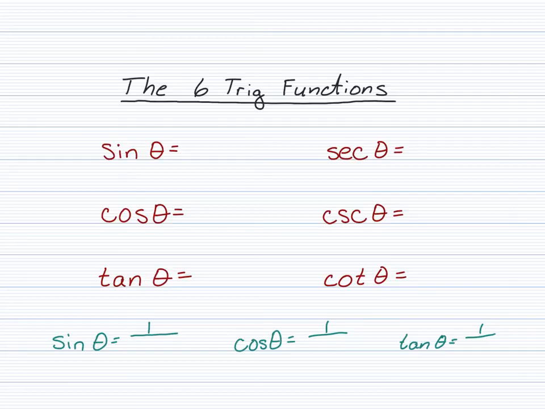All right, so the first thing we need to do is look at our trig ratios, and you may remember your acronym from geometry of SOHCAHTOA. What that means is that S, which is sine, is equal to the opposite leg divided by the hypotenuse.